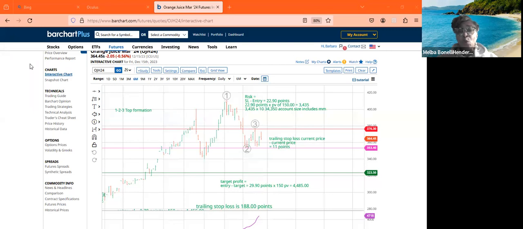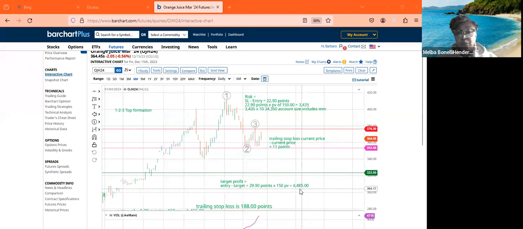Okay, so once you know what your entry is and what your stop loss is, you also should know where your target is, where you're looking to exit the trade. She has our target at that green horizontal line, which is 323.50.